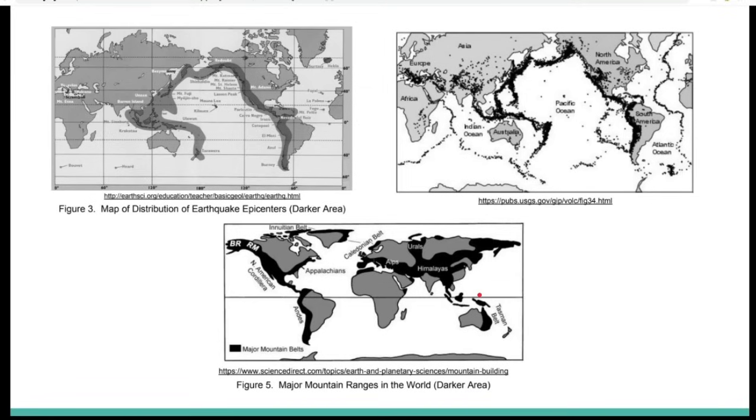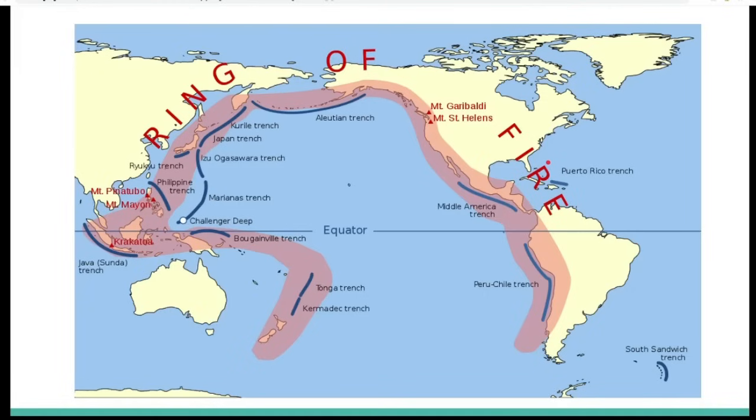Okay, so you said that most of the highlighted areas are found in the Pacific Ring of Fire. That is correct. So the one being shown in the second map is actually the Pacific Ring of Fire.